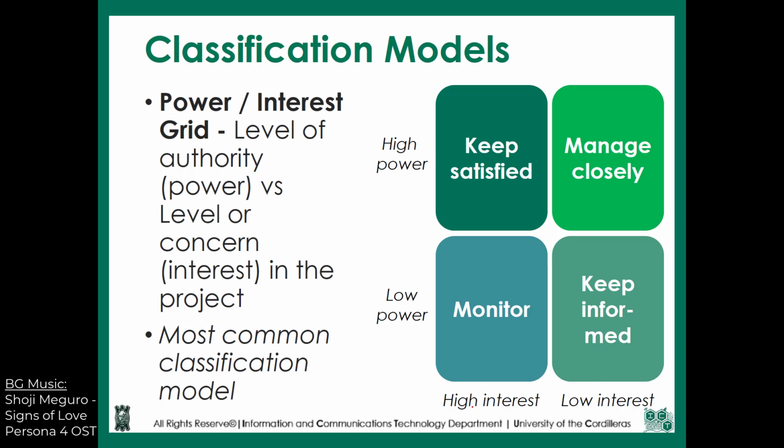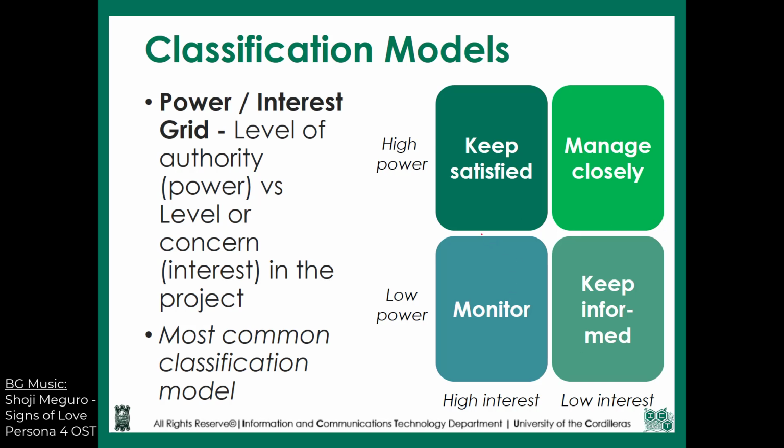Some power interest grids use a numerical system. However, to simplify it for us, we'll just be using low and high. How we're going to use it is you determine the power, and afterwards the interest, and then the quadrant would determine the intervention that you have to do.